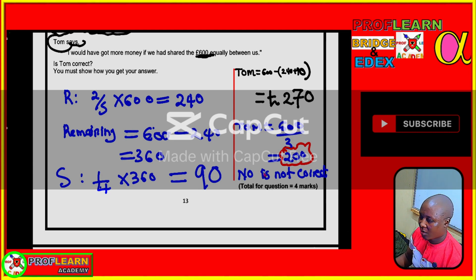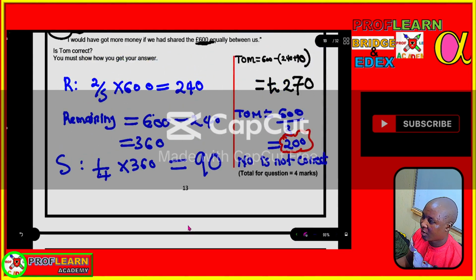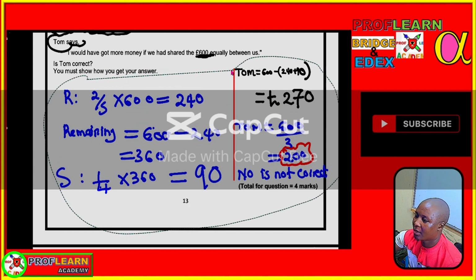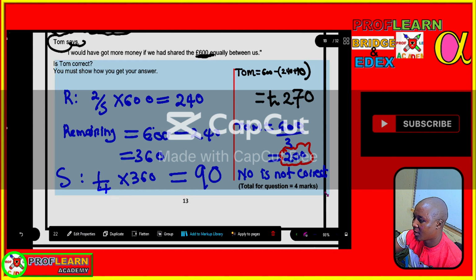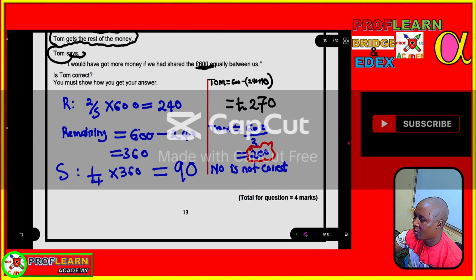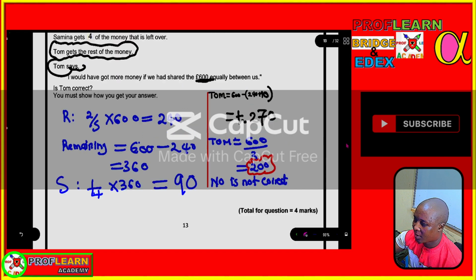Right. So Tom is not correct. Let them share that amount that way so that Tom can at least get a greater share. So Tom should consult his mathematical concepts.